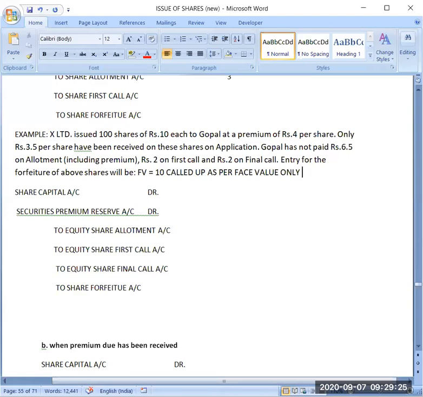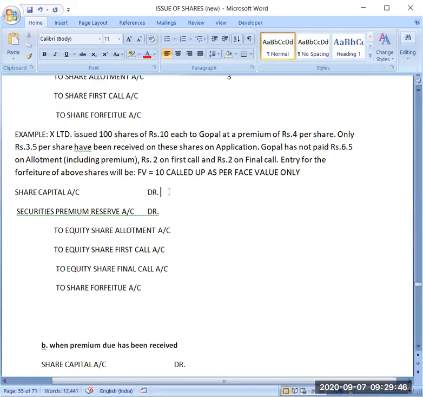Because I am saying that the shareholder has not paid me the final call, that means I have demanded all the installments. If I am saying that the shareholder has not paid me the allotment money, that means I have demanded all the installments. So it is fully called up.